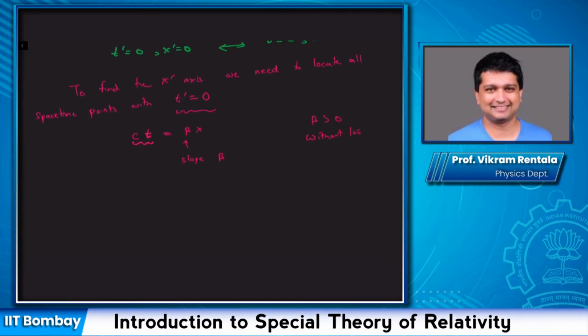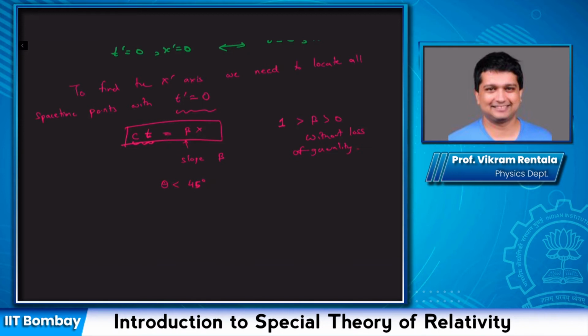That is, the frame S prime is moving in the positive x direction. And we know that the speed has to be less than 1, so beta is less than 1. So this slope beta is less than 1, which means that the angle that this line makes with the x-axis is less than 45 degrees.